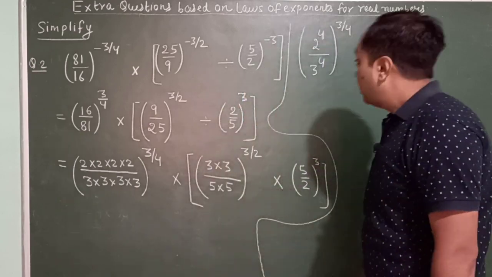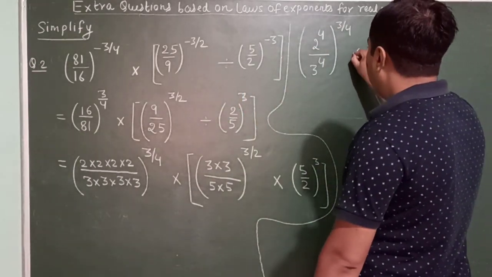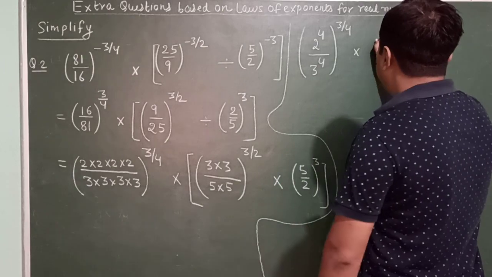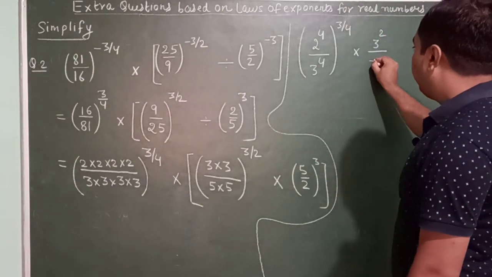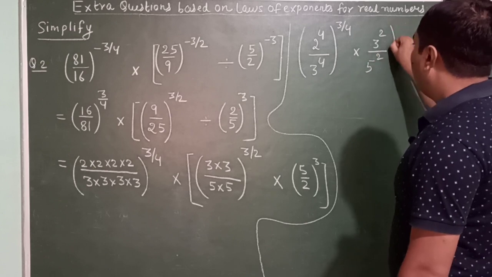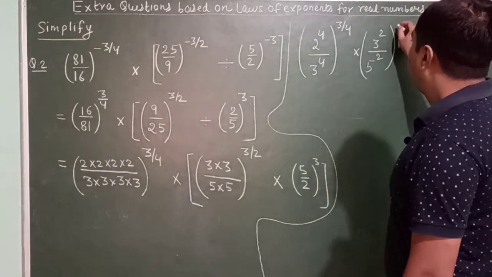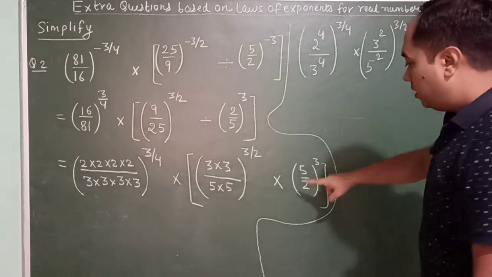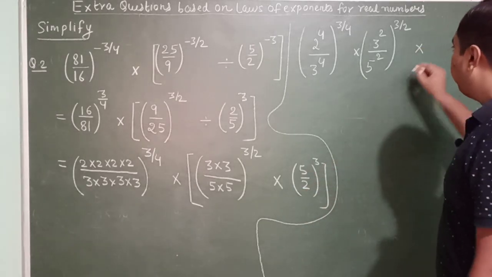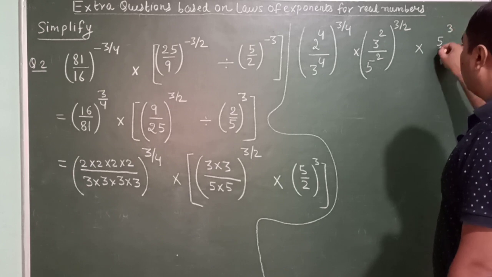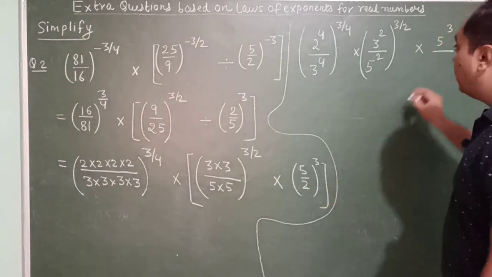Now over here, 3 is repeating itself 2 times upon 5 is repeating itself 2 times, whole power 3 upon 2, into this thing can be written as 5 power 3 upon 2 power 3.